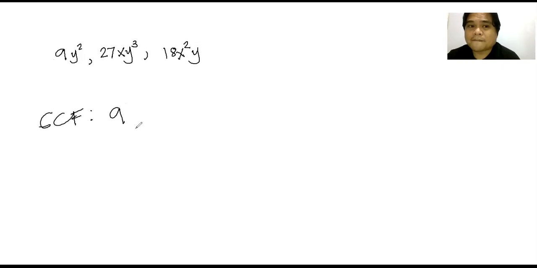How about with the variable y? When it comes to the variable, the greatest common factor is the one with the least exponent. This is what you call the exponent. You have y squared here, this one is y cubed, and the other one is y.